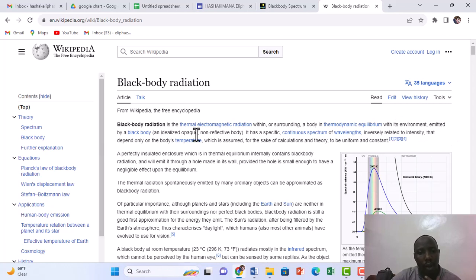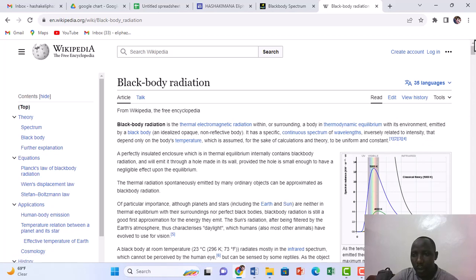When we talk about black bodies, we talk about opaque, non-reflective bodies. The spectrum is continuous, and the change of wavelength is inversely related to the intensity as the body temperature changes.